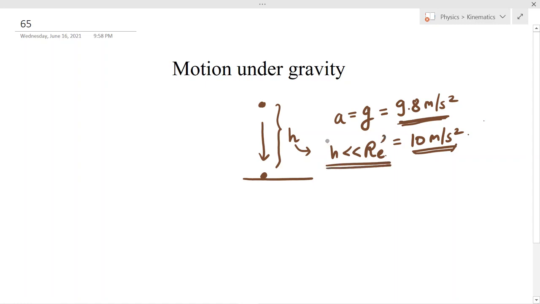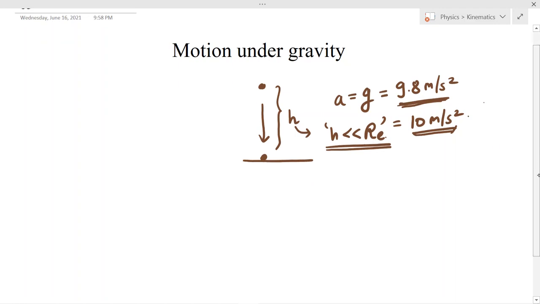So g is 9.8, constant only for heights which are much lesser than the radius of the earth. Now we have to write the kinematics equation.